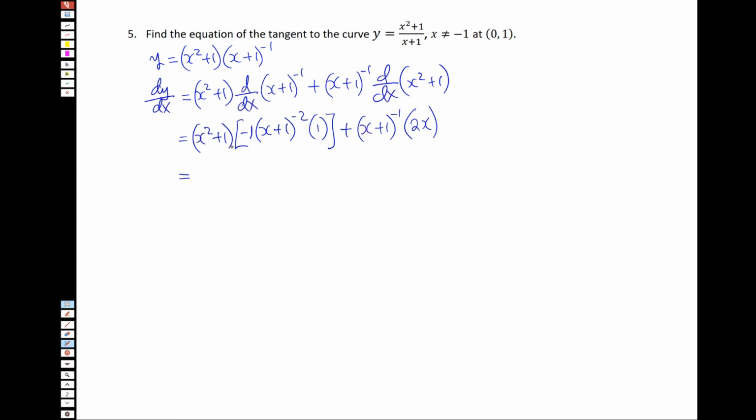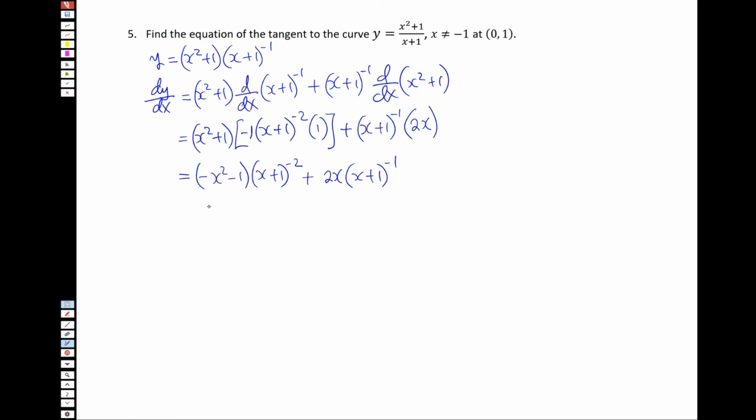So this will be equal to negative x squared minus 1 multiplied by x plus 1 to the power negative 2 plus 2x into x plus 1 to the power negative 1.